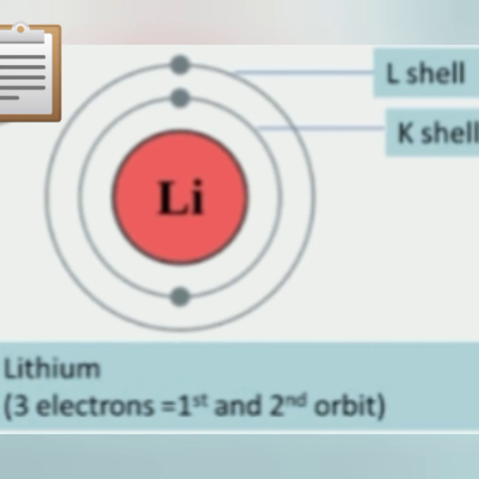Second, the lithium atom has 3 electrons, 2 of which occupy the first cell and the third electron occupies the second cell. Means it follows the rule 2n², where n is equal to 1, so 2 into 1 squared is equal to 2, and the third electron occupies the second cell. Okay. And third, the neon atom has 10 electrons. The first cell takes 2 electrons, and the second cell takes 8 electrons.